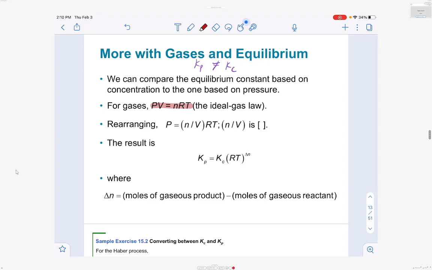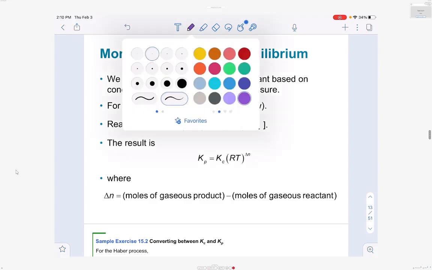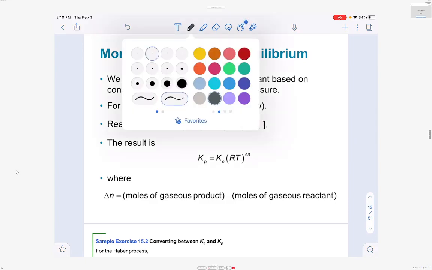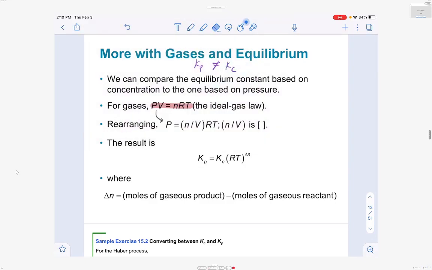If we rearrange this equation and express it in terms of P, pressure, we have P equals n over V times RT.